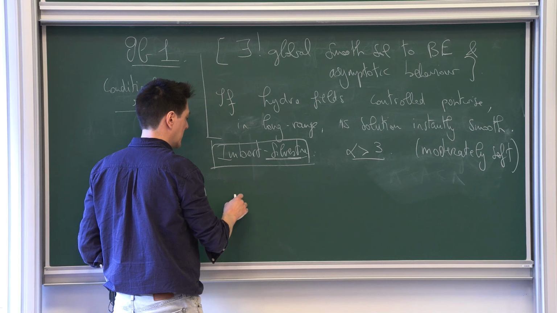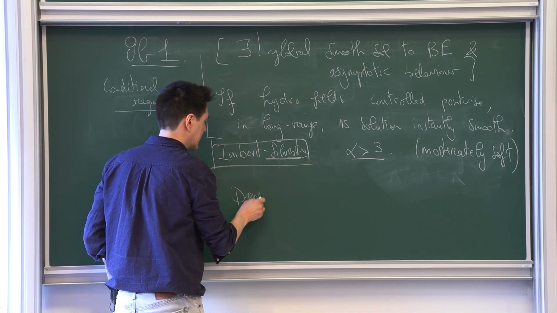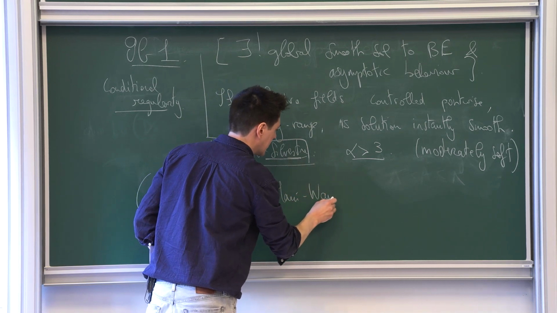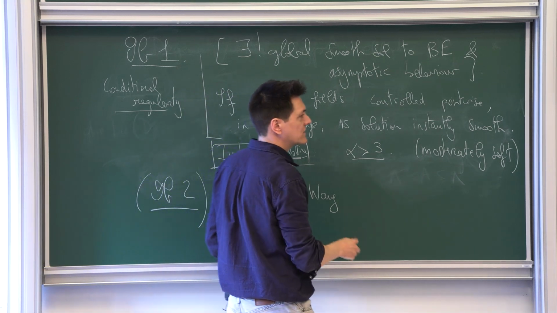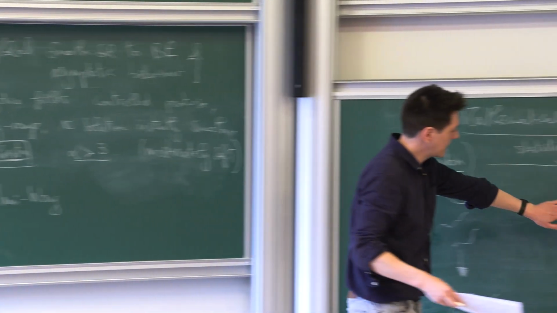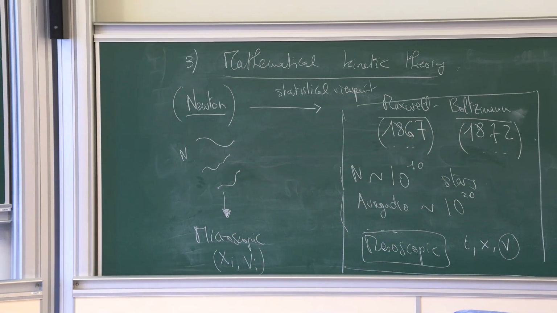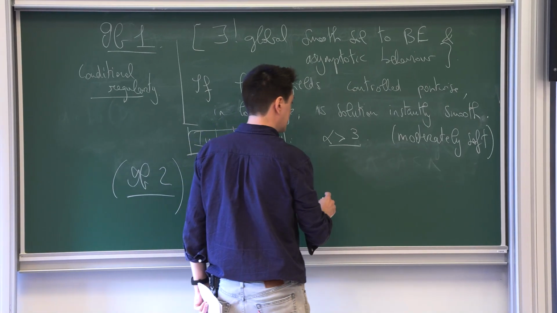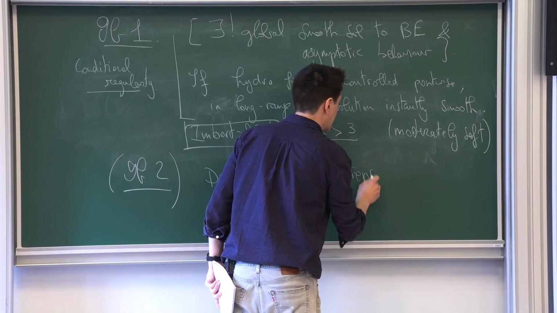It's related to the recent preprint still being checked. So there's a recent work by Deng, Hani, and Ma on the Boltzmann-Grad limit, which is how to go from that step to that step. But as far as I understand, which is certainly not the whole paper, I don't understand the whole paper, it does not apply to long-range interaction.